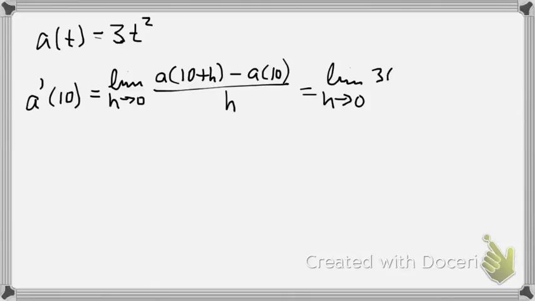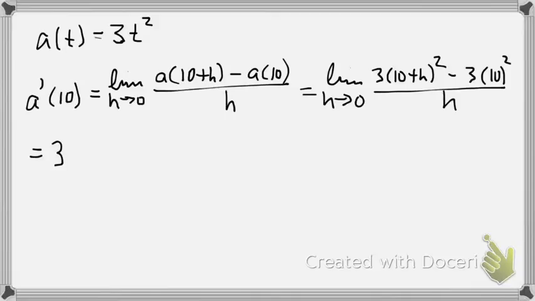That's going to be 3 times 10 plus h squared minus 3 times 10 squared all over h. You guys agree? I could pull a 3 out front. It's not as bad as a fraction, but if you're so inclined, you can pull it out front.